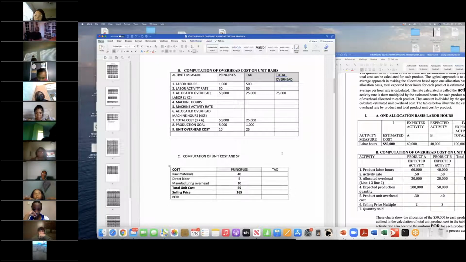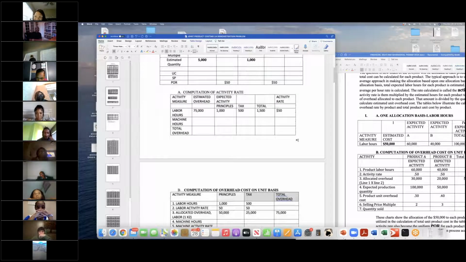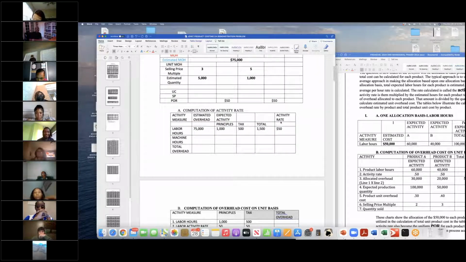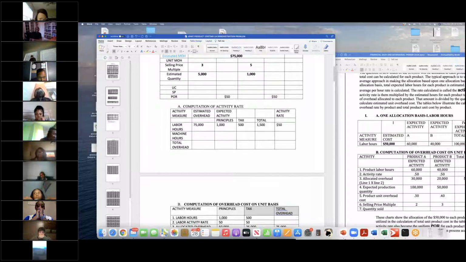Mendez is hesitating on us. What you say, Rodney? It's 50. That is the activity rate. We said the activity rate was the POR. Oh, okay.